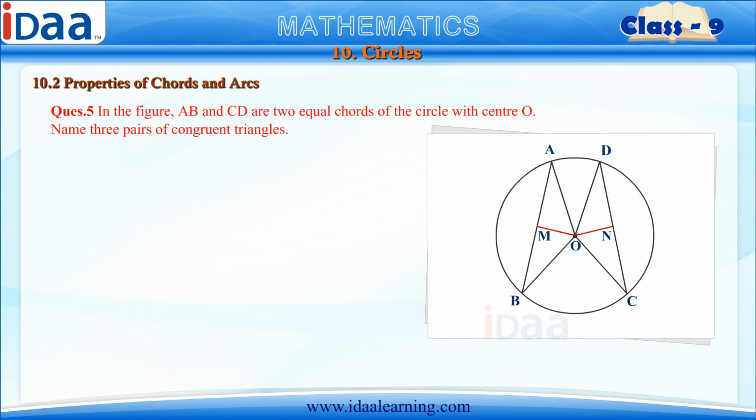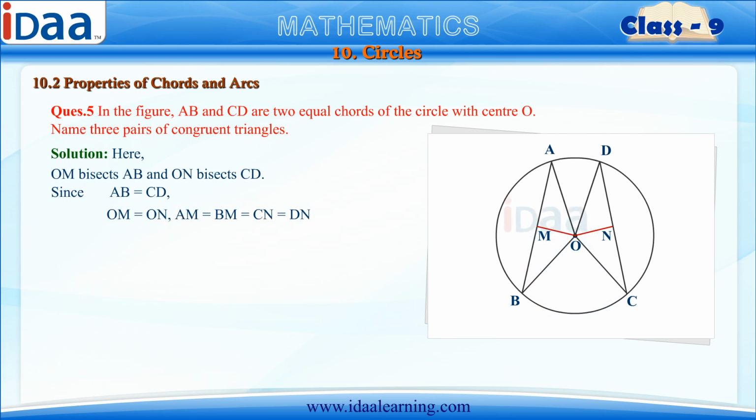Question 5. In the figure, AB and CD are two equal chords of the circle with center O. Name 3 pairs of congruent triangles. Solution. Here, OM bisects AB and ON bisects CD. Since AB is equal to CD, OM is equal to ON, AM is equal to BM and CN is equal to DN.